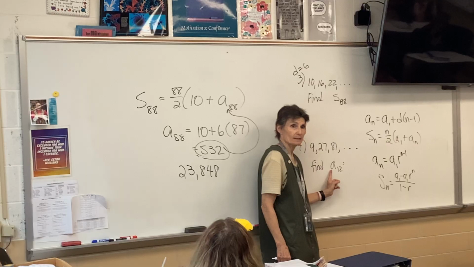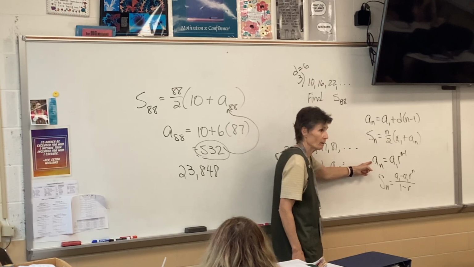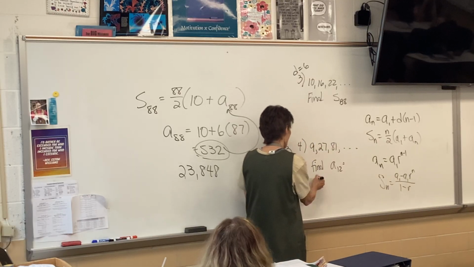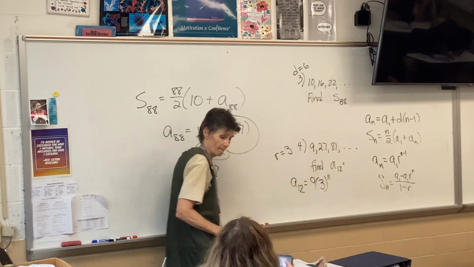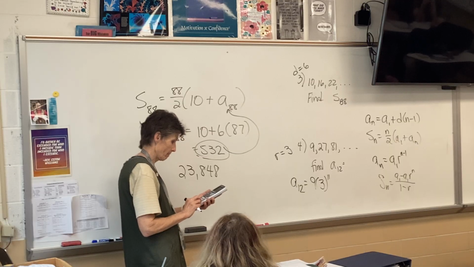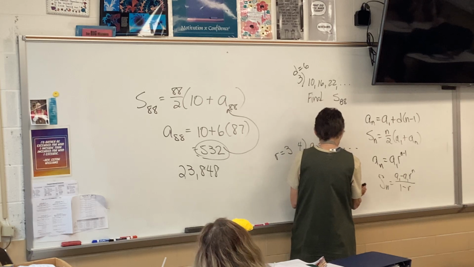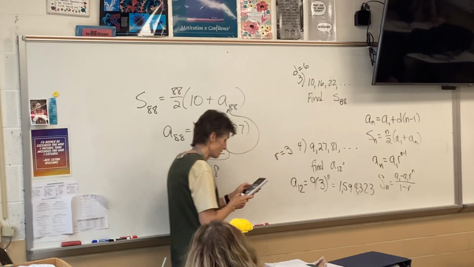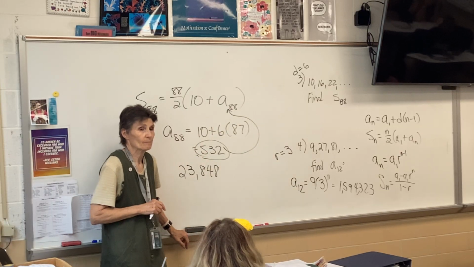Look, what's it say? A sub 12. So you're using the A sub n formula. So A sub 12 equals 9 times 3 to the 11th. The big one. $1,594,323.